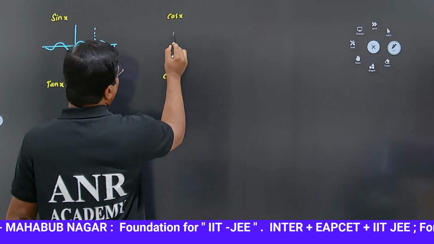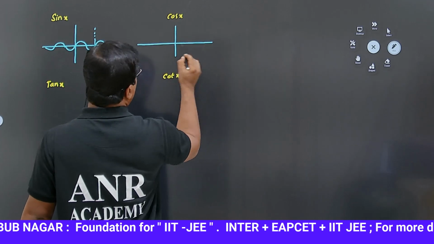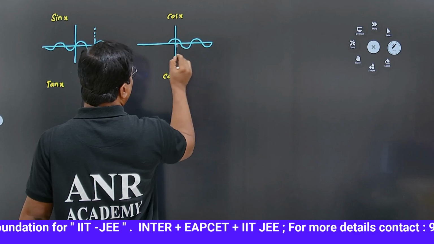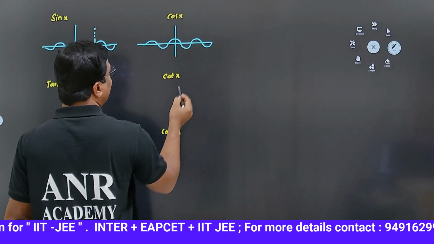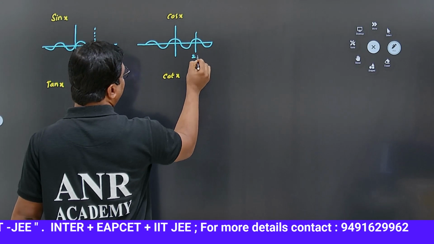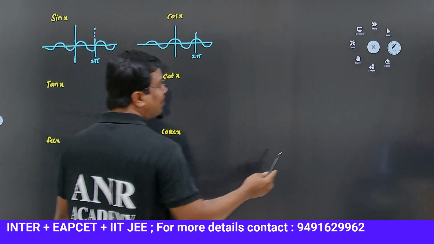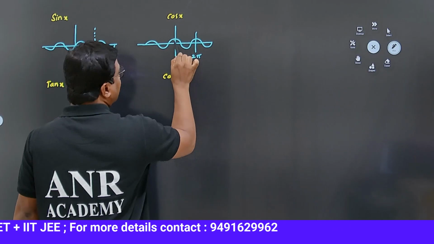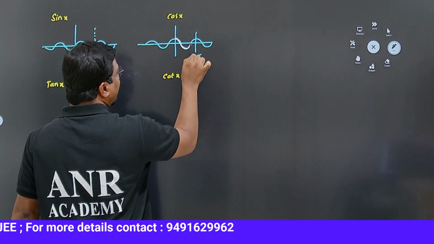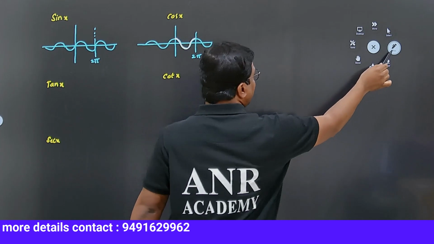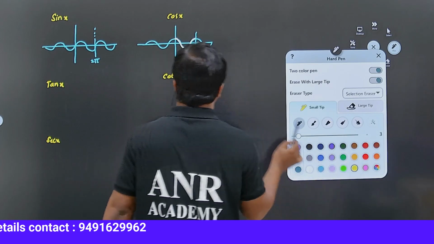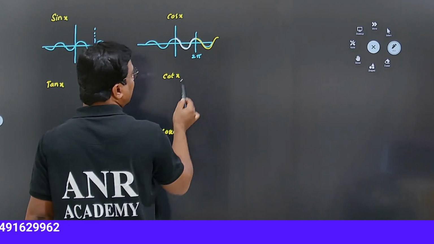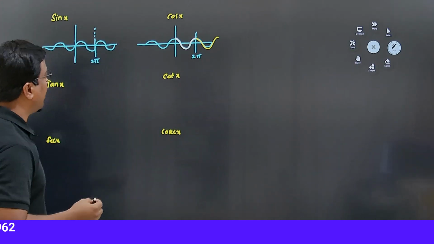Next, the cosine graph, like a wave, and the graph repeats at 2 pi here. Whatever graph you have in the interval 0 to 2 pi, the same graph repeats at 2 pi. See here, that repeats again here, so the period is 2 pi.